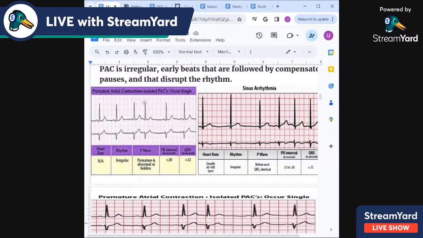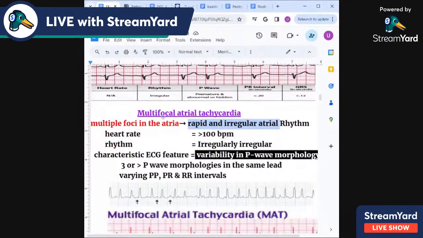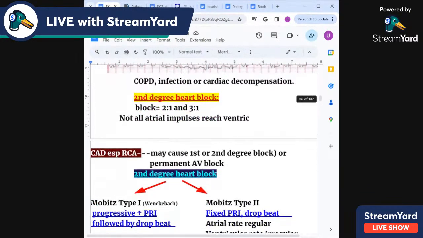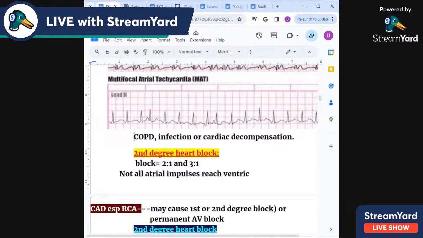There is a gap. This is the abnormal one with a gap. And then we have multifocal atrial tachycardia with variable morphology of the P wave in the same lead. And this may be due to COPD, infection, or cardiac decompensation.